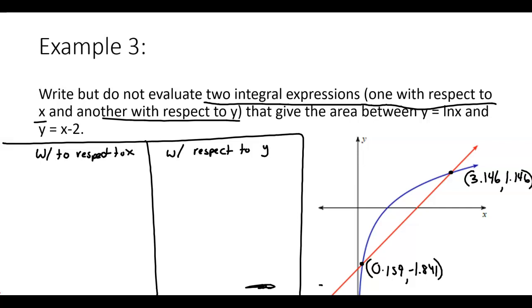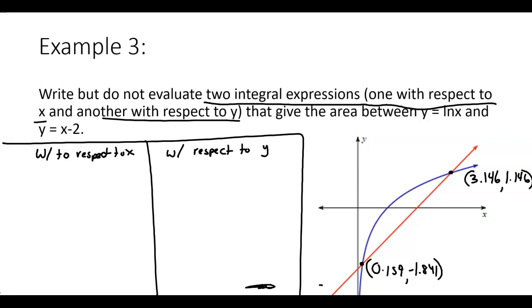It's just that I want you guys to know how to do both strategies. I have actually seen some multiple choice questions where they'll say, which one of these options is not a way to find the area? And they'll have one of them as the dy way, one of them as the dx way, and some third one that doesn't matter. You have to find the one that doesn't work, right? So you do want to know how to do both.